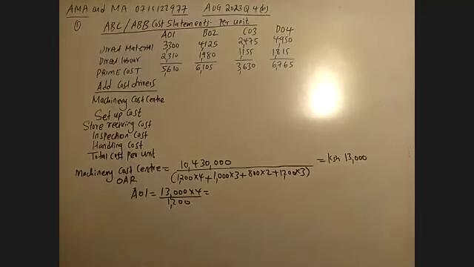It will be 13,000 times 4 divided by 1200. What are you getting? 13,000 times 4 divided by 1200.